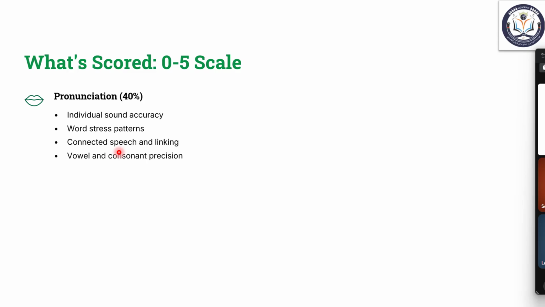The sentences have specific discourse markers, or words that connect the sentences and chunks of words. Then how accurately we pronounce the vowels and consonants. So the first 40% of your score depends on pronunciation.